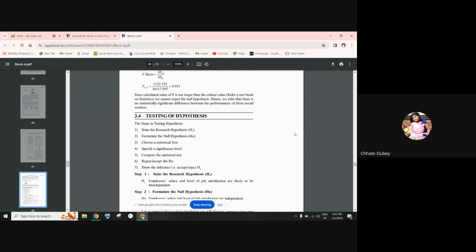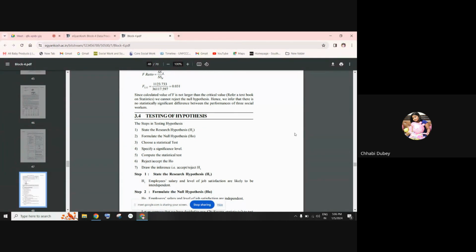Now, the next important step that we have to understand after this is the testing of hypothesis, how hypothesis testing is done. First of all, there are various steps that are involved in testing the hypothesis. Now, we have already seen what a hypothesis is.